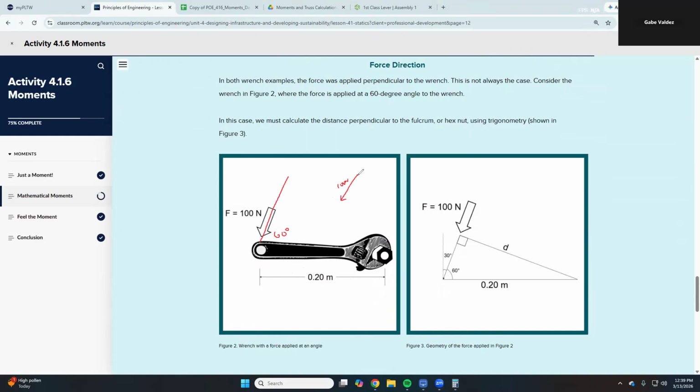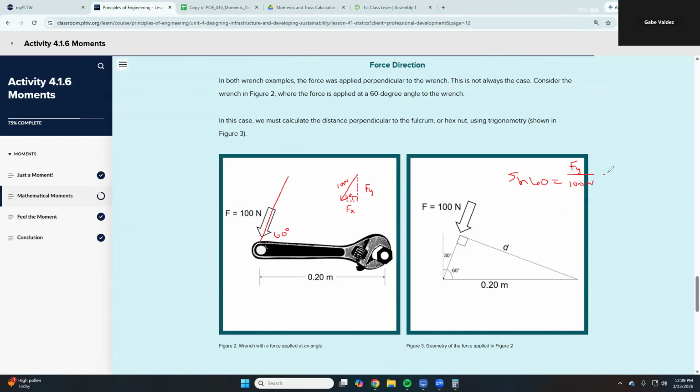and I created a right triangle from the components of the force, here's my right angle, the y component would be perpendicular to this 0.2 meters. So what you have to do is you'll have to use sine. So sine of 60 is equal to opposite, which is my y component, divided by hypotenuse, which is 100 newtons.